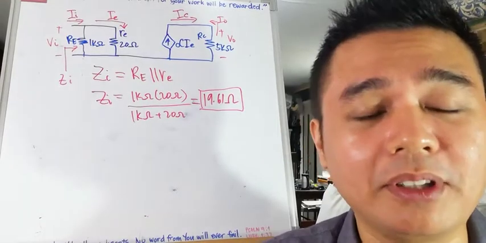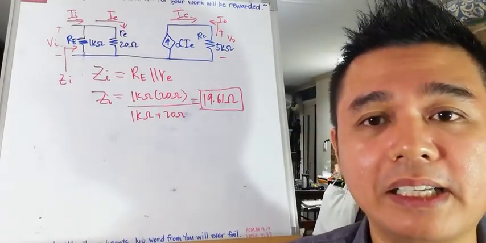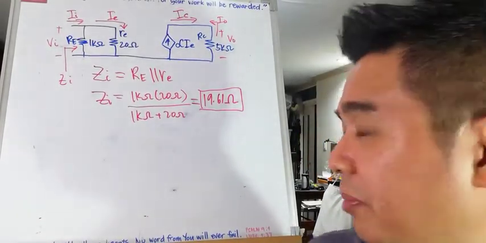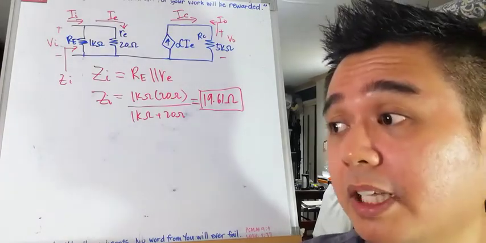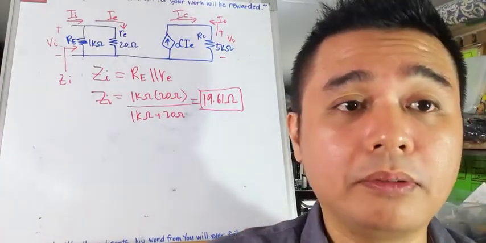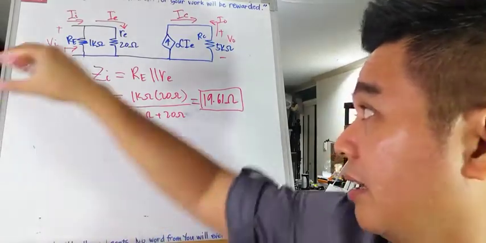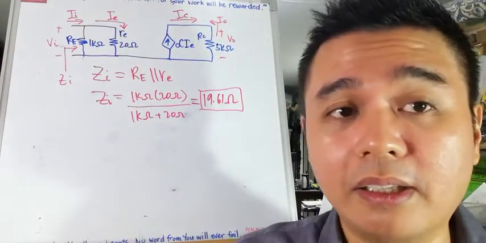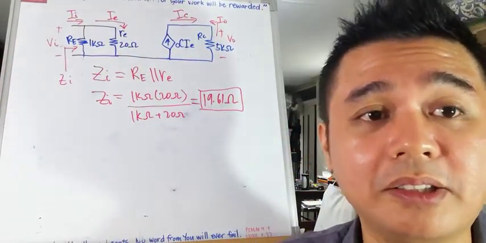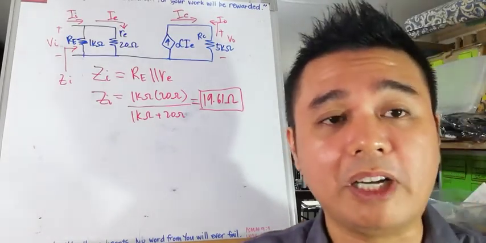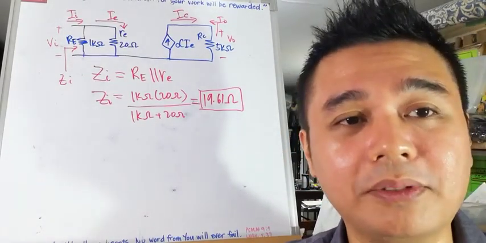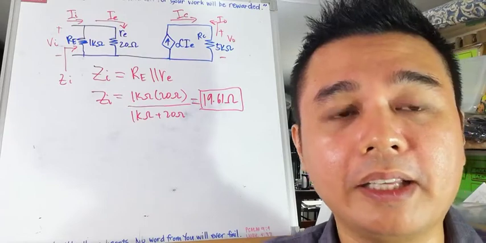Now, why is input impedance very important? Una, yung input impedance na yan, no, it determines how much of the input voltage or input signal is being fed into the circuit. Ilan ba yung pumapasok dun sa ating circuit? Kasi merong internal resistance yung mga sources. Nagkakaroon tayo ng voltage divider. Alright?